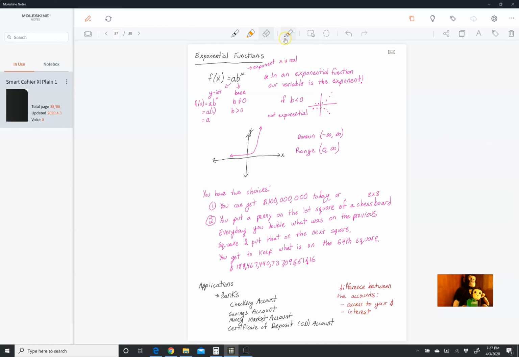A checking account is constant access, and low or no interest.